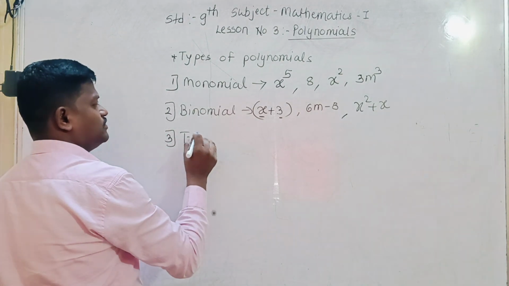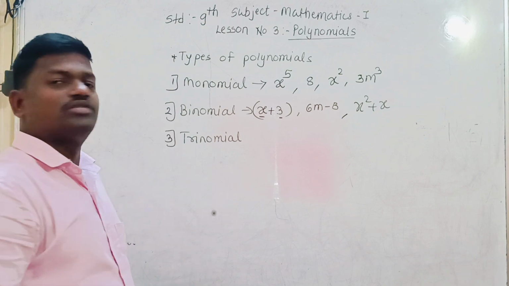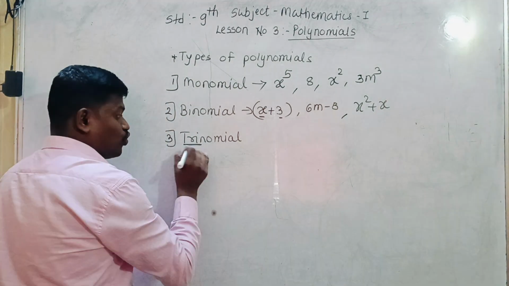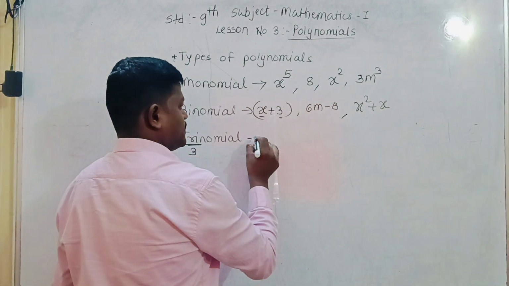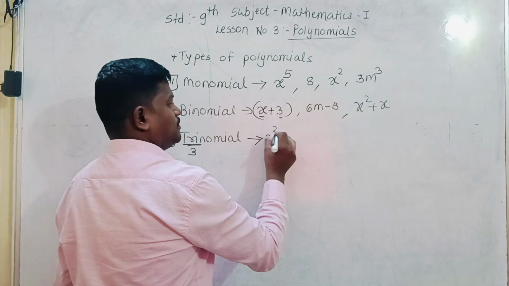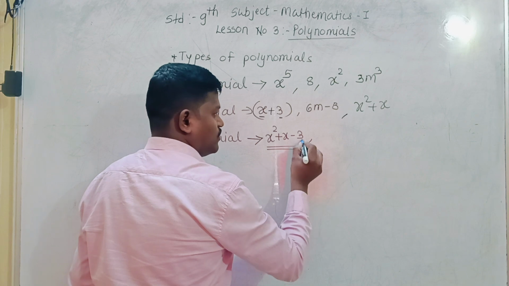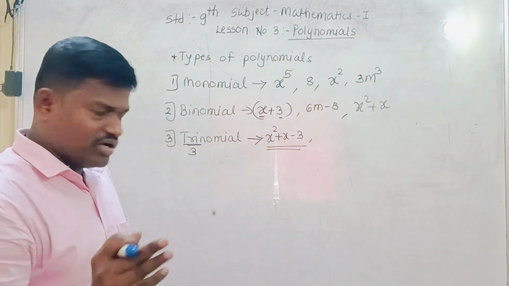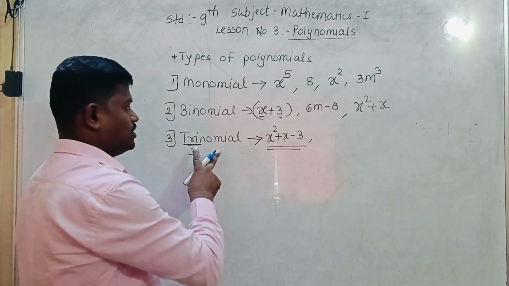Third one, trinomial. Tri means 3. See, 1, 2, 3. 3 terms. Then it is called a trinomial.